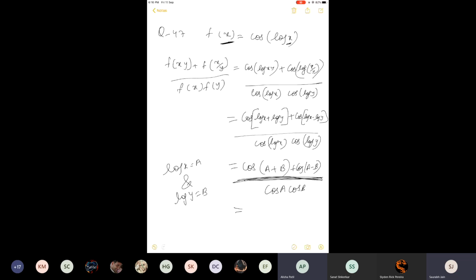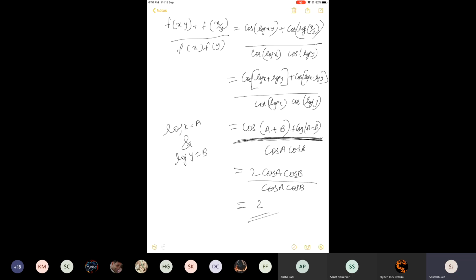Remember this formula from trigonometry? I was repeating it some days before. So cos A cos B will cancel. No need of putting A as log x and B as log y again. Simply 2 is the answer.